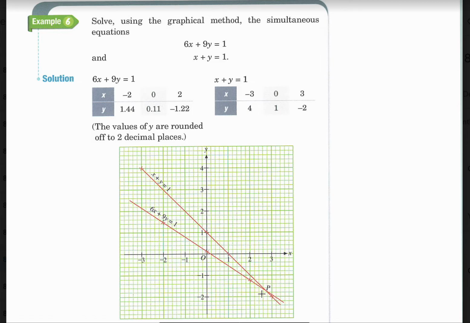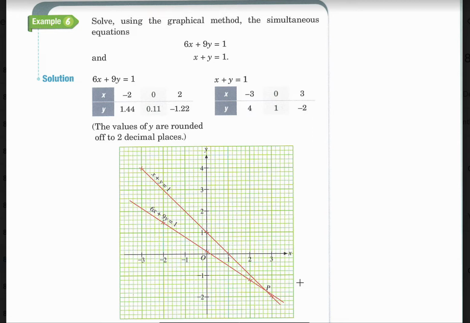Okay? If you notice for the first equation, it's not very pretty. You're going to get some decimals. They rounded it off to the nearest hundredths place, the 2 decimal places, because beyond that there's really no point. But you do need to know where you're plotting, and then you have to estimate where that ordered pair is.